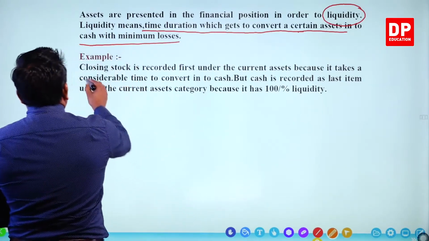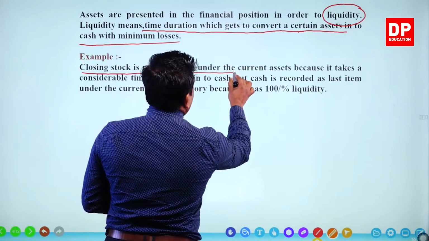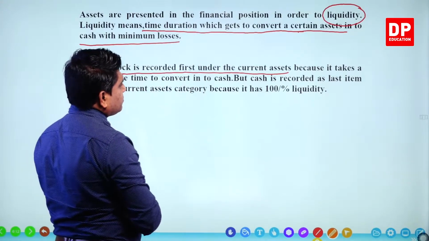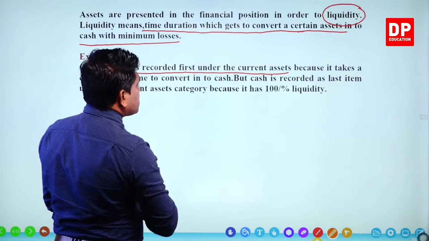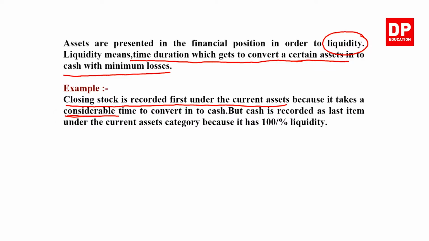Example, closing stock is recorded first under the current assets, because it takes considerable time to convert into cash. But cash is recorded as the last item under the current assets category because it has 100% liquidity.